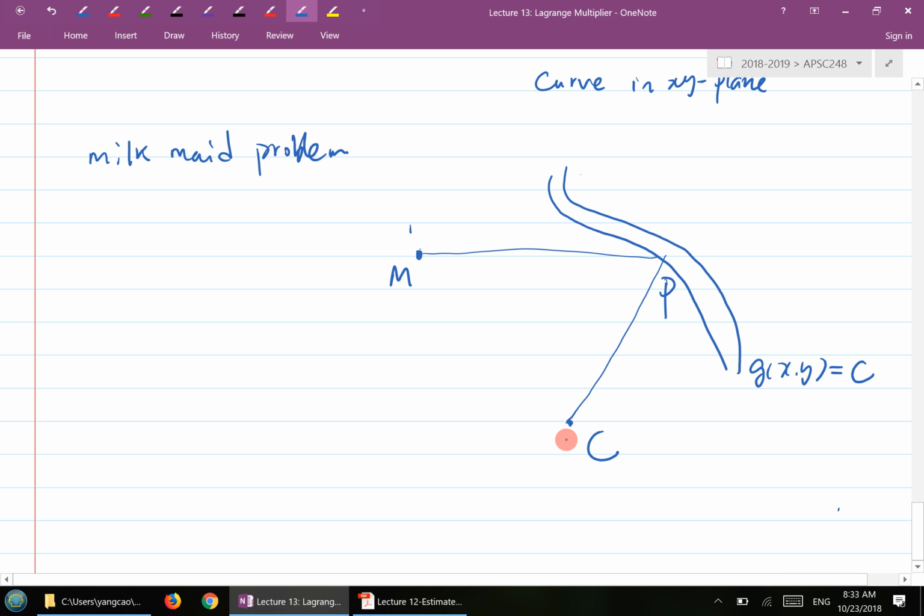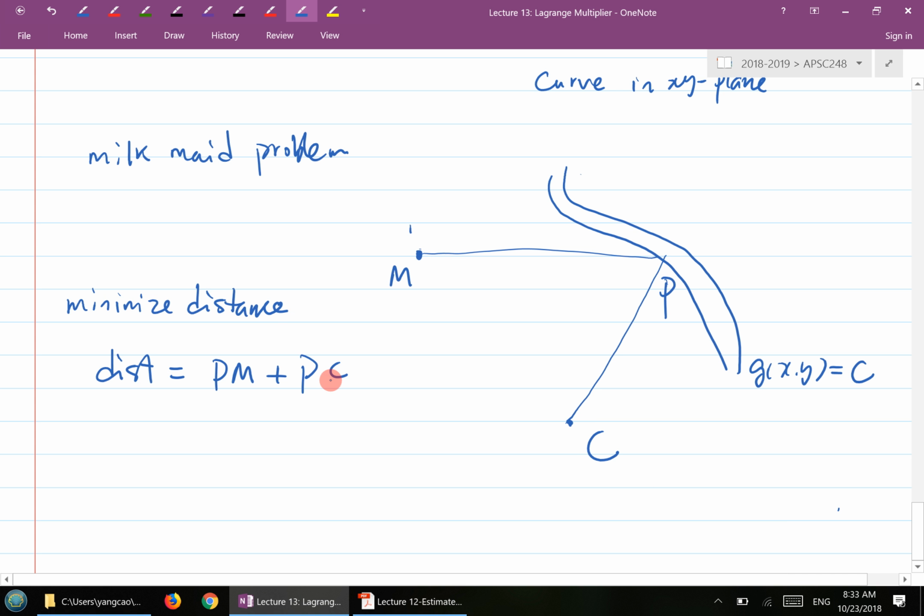So now you can formulate the problem. How do I minimize a distance? In this case I'll just call it dist. And the distance is equal to the distance PM plus PC.